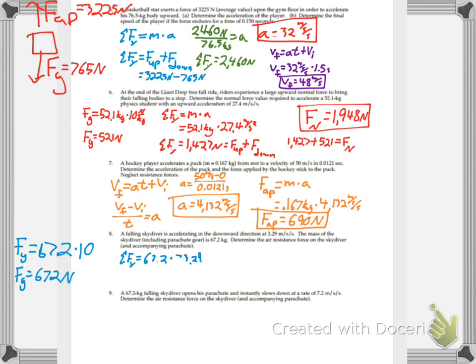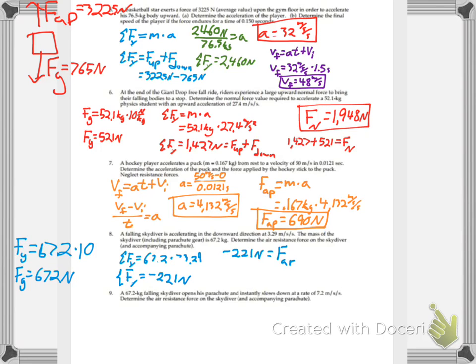So the sum of his forces in y will be 67.2 kilograms multiplied by negative 3.29 meters per second squared, to get a sum of the forces of negative 221 newtons.